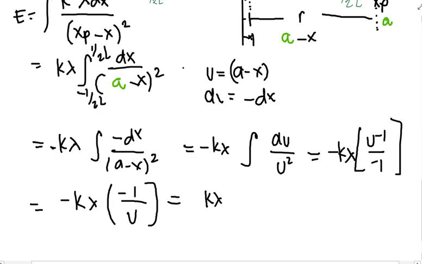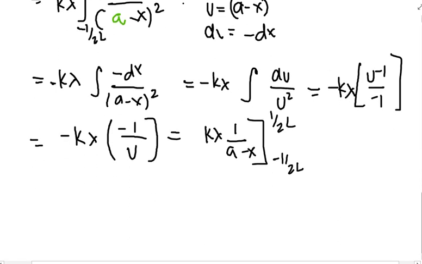Multiplied by 1 all over a minus x, and this shall be evaluated from negative 1 half L up to positive 1 half L. Okay, so this is our definite integral.